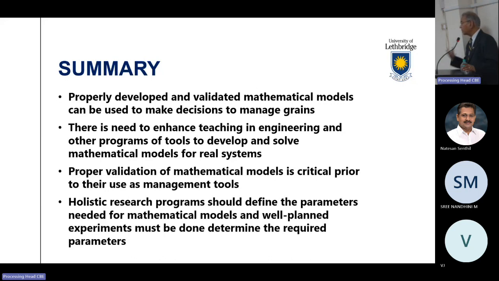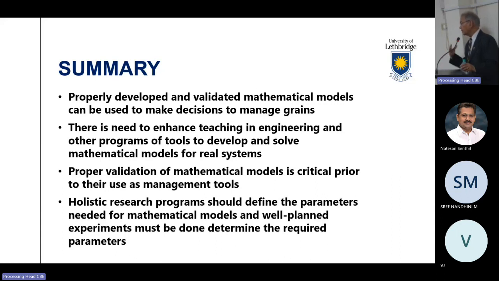So I think having a strong background in mathematics is very critical, and I think engineering is the field where you need to impart that knowledge. So mathematical models have to be part of the program. You would say, why can't mathematicians do that? Mathematicians very rarely work on the applied side. They are good at developing theory of mathematics, but not very comfortable in solving or applying it to the practical.